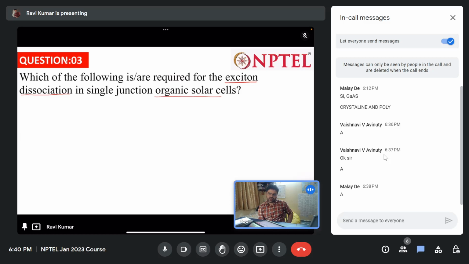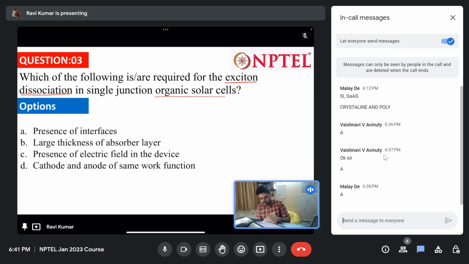What is the meaning of exciton dissociation? It's ionizing. Sir, breaking the electron-hole pair. Yes, more appropriate is breaking down or separating, we can say. Dissociate is breaking something, associate is like adding something. Okay, these are the options.